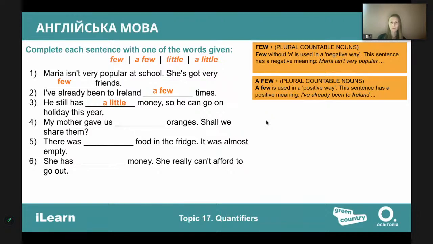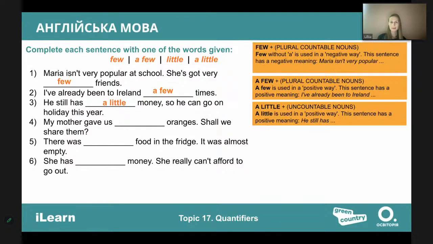Number 4, my mother gave us oranges. Shall we share them? Put your numbers. So, number 4, a few oranges, completely right. If you want to share, that means we have enough to share.